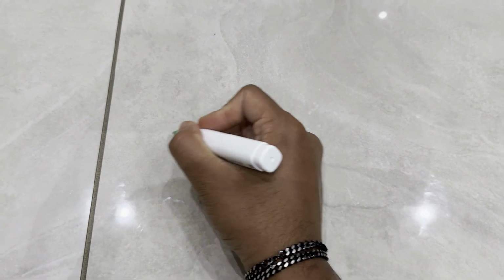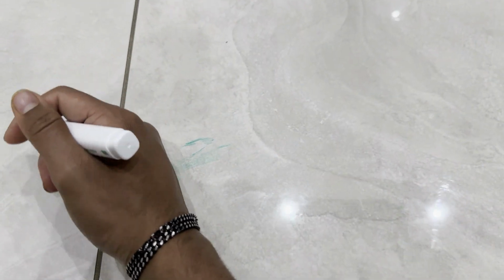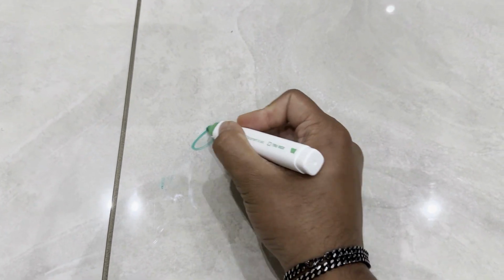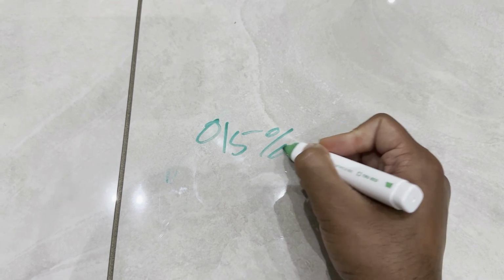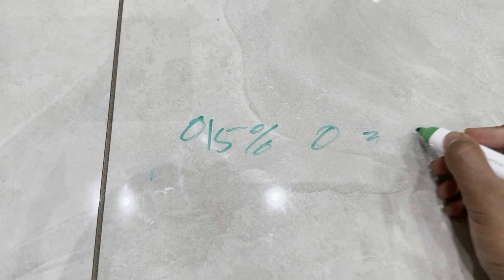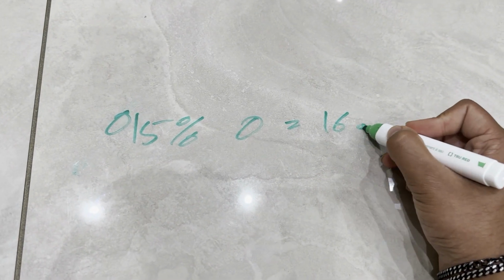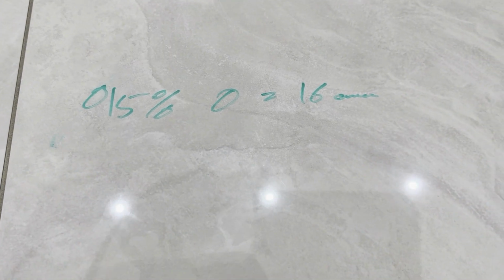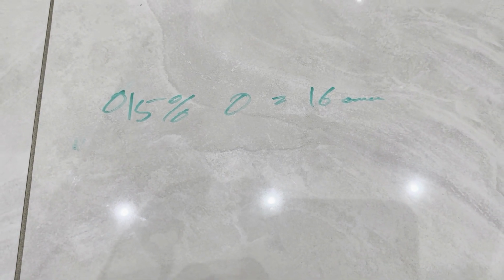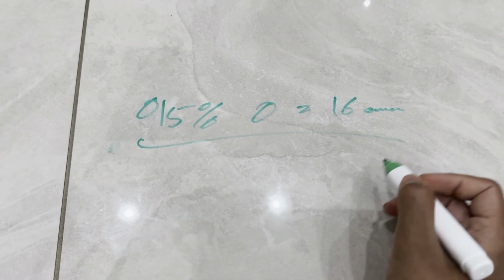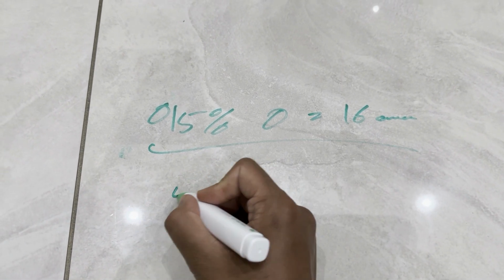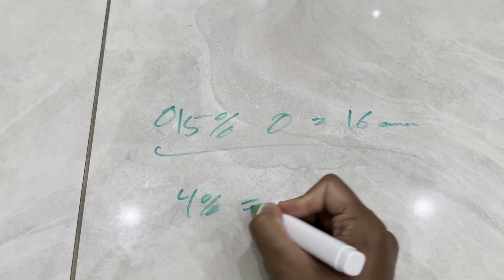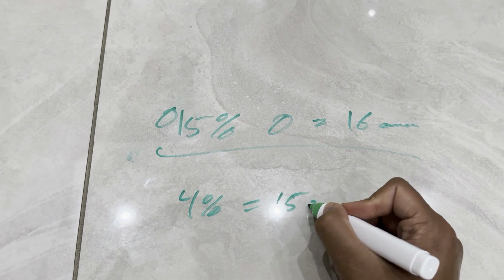So for oxygen, that abundance shows that 95% of oxygen is 16 AMU, which means that most oxygen is at 16 AMU. Then we can say that 4% is at 15 AMU.